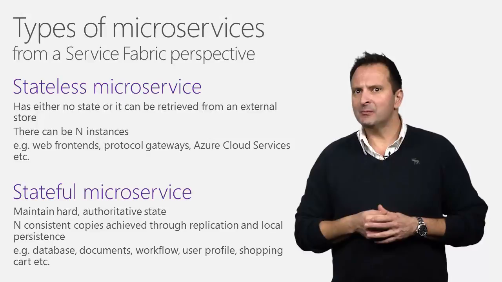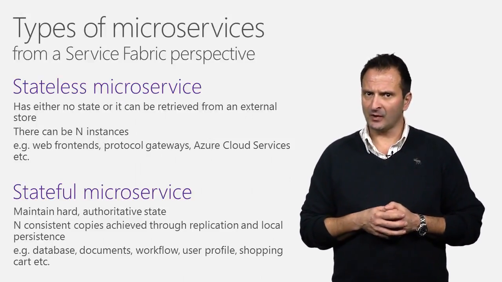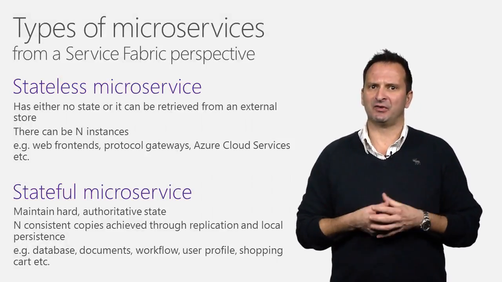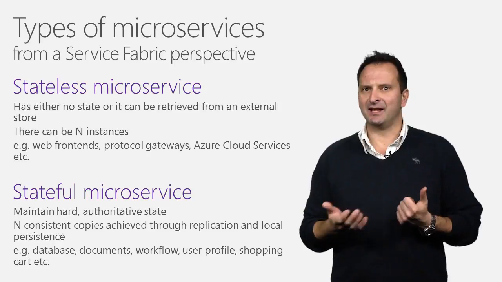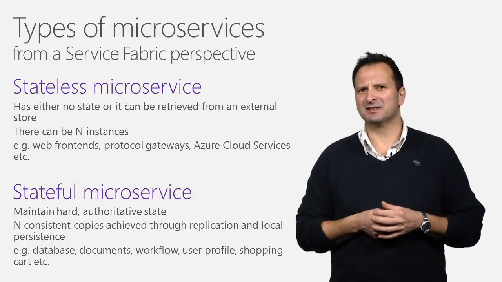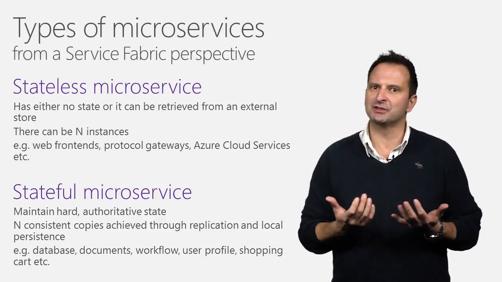So, with that in mind, what types of microservices can you build on Service Fabric? In Service Fabric, we differentiate between two types. There is the traditional stateless type and the new stateful type. The stateless type is really what you're used to when you write cloud applications today.